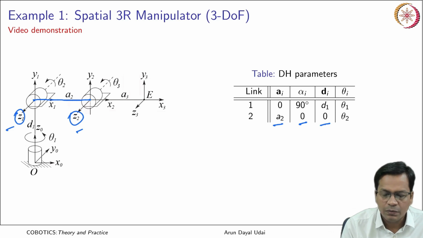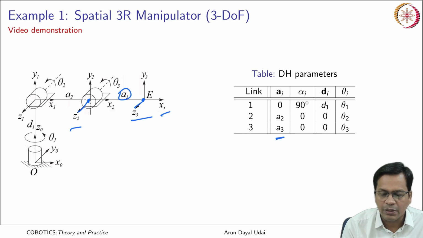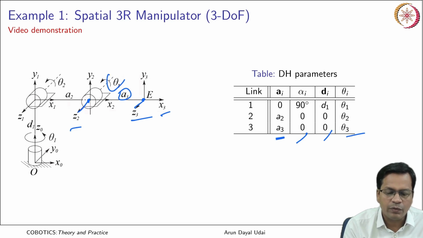Okay. So that made the joint offset equal to 0, and theta 2 is the joint variable. And the final one similarly, a3 is the distance between z2 and z3, okay, from here to here measured along x3. So that is a3. Twist is 0 again, d is 0 again, theta 3 is the joint variable.